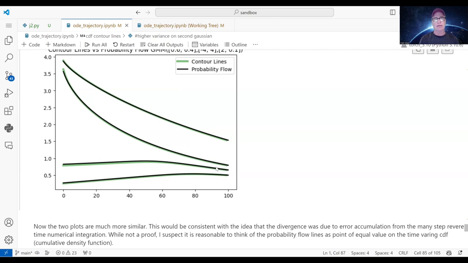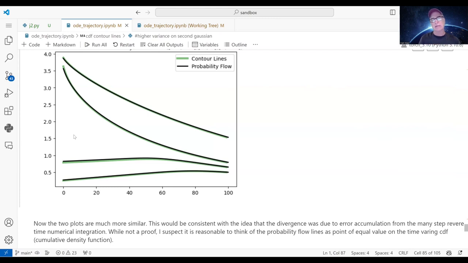When you get a probability flow that goes back from t equals 1000 to 100, you accumulate a little error during that time. We're in an area where very small differences in the x position at time t equals 100 can result in pretty significant trajectories. And so that small accumulated error was showing up as a divergence between the two.